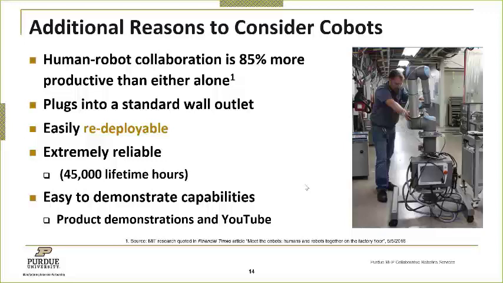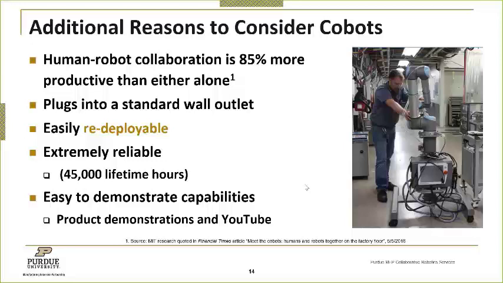So they can operate very reliably for up to 45,000 hours, even longer. It depends upon how much weight you're putting on the joints and how often you're running them. But people have had cobots on their factory floor operating without any issues for over 8 years that I've seen, and no problems with the robot.